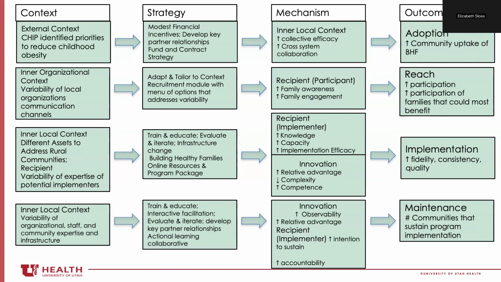Overall, if you're somebody that's using the RE-AIM framework as one of your models as you're developing a study, you want to make sure that you can describe everything that you're doing to either facilitate or enhance that particular outcome. And that doesn't mean that all of these things are manipulated, right? There's usually only one of these lines that gets manipulated.